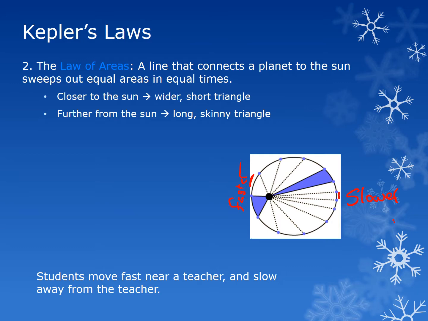But the areas shaded will be the same. And that's kind of neat. And he had to figure that out just by crunching numbers without calculators, without smartphones, without Microsoft Excel, anything like that. It was kind of amazing.